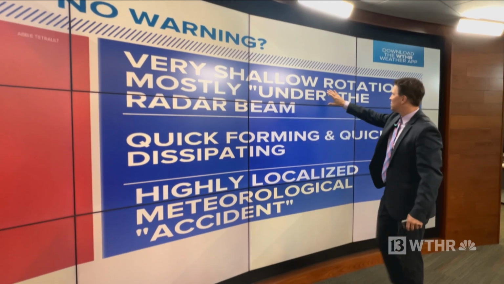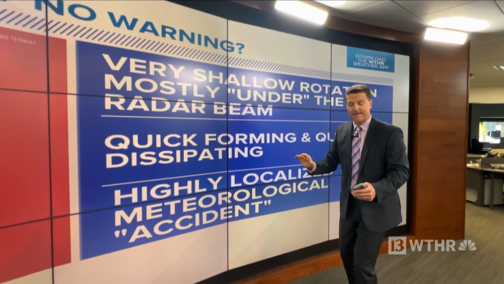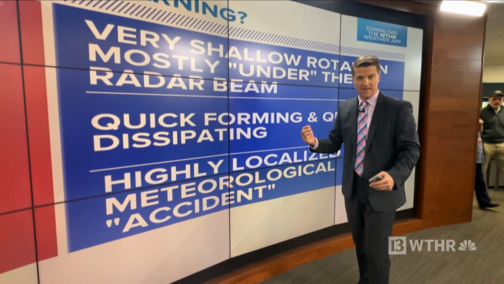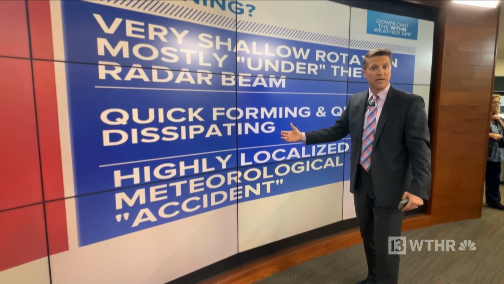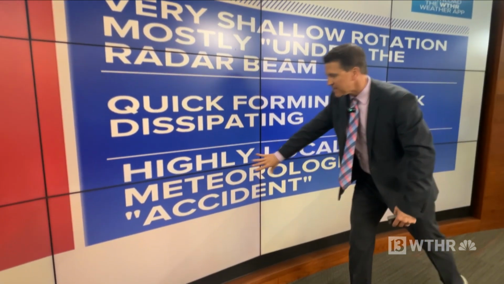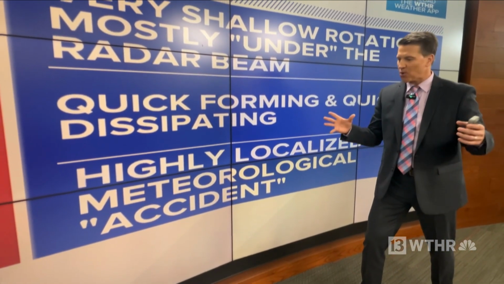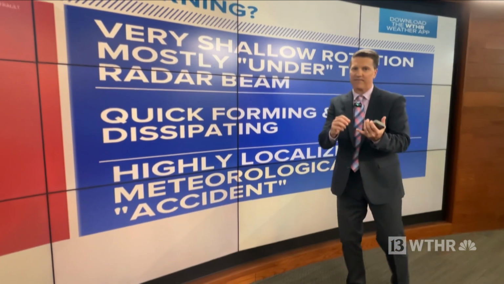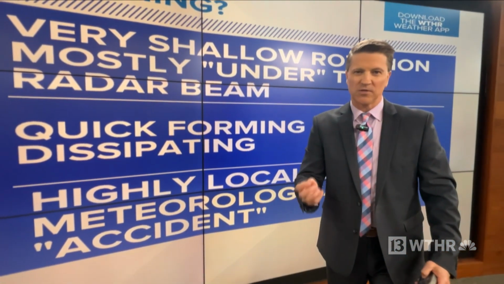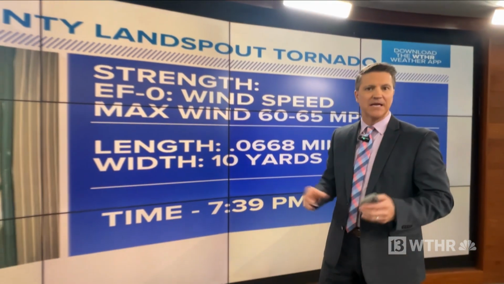Very shallow rotation that's mostly under that radar beam, to the point that by the time they form, they dissipate just as quickly. I like to call this a highly localized meteorological accident. It took all these ingredients. You had to have just enough spin in the lower levels, just enough moisture, just enough instability to create the mess that we had yesterday.